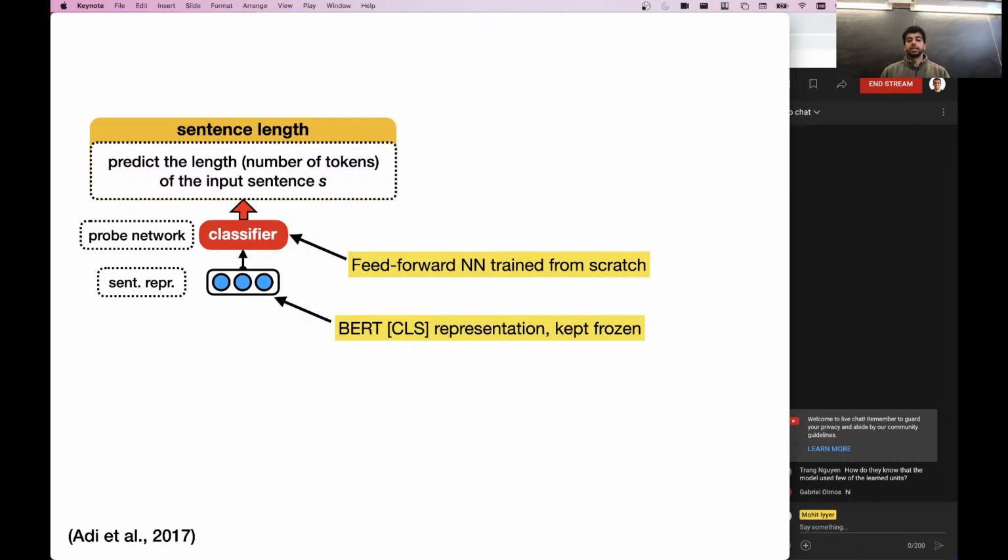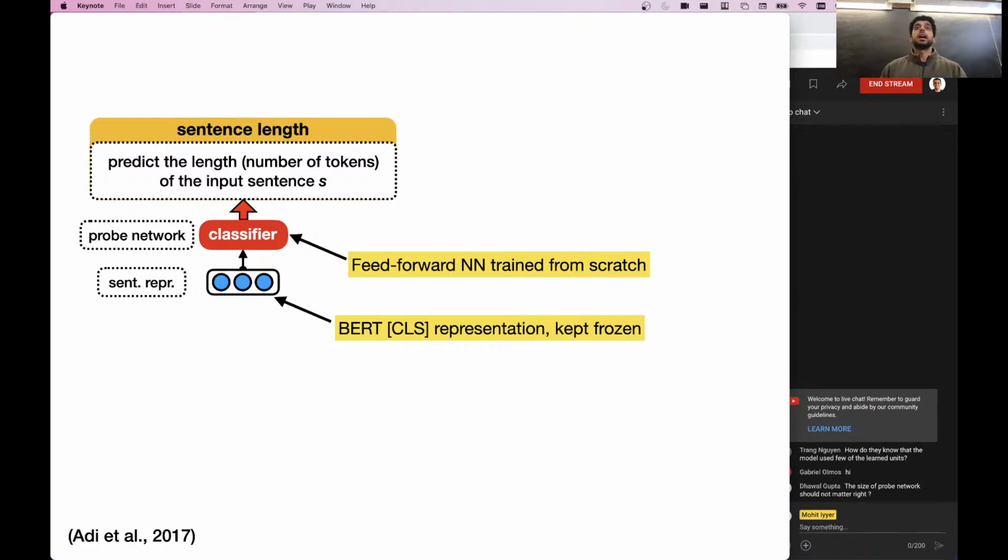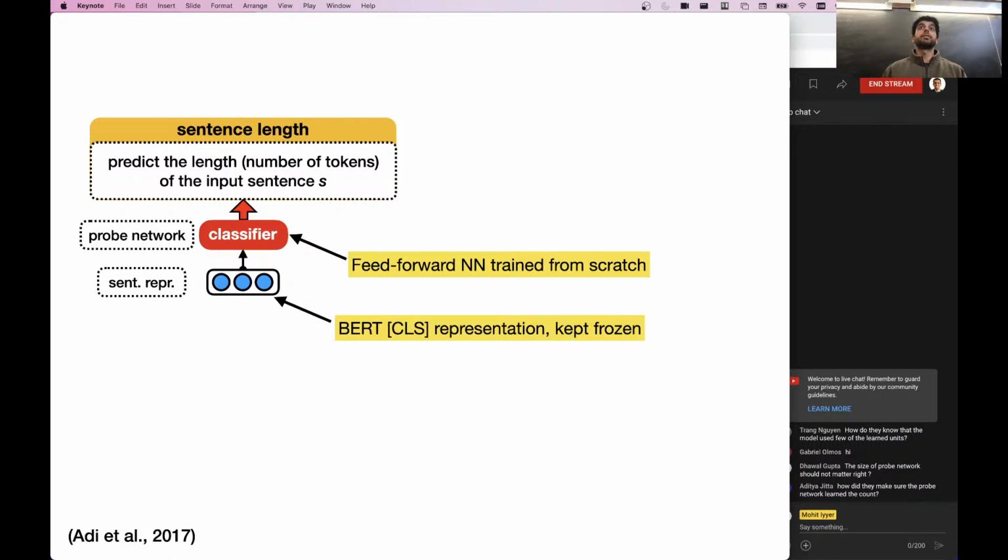This is a great question, and we'll get to this later. So, of course, if, let's say, I train this model, and on my test set it gets 60% accuracy, I could say maybe the model has some idea of sentence length, but not a perfect idea. But it's not clear if that's because the information is not contained in the representation or because my classifier was too weak, right? What happens if I add 2 layers to my classifier instead of 1?